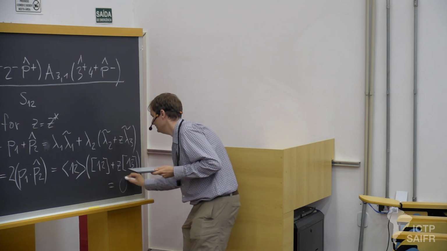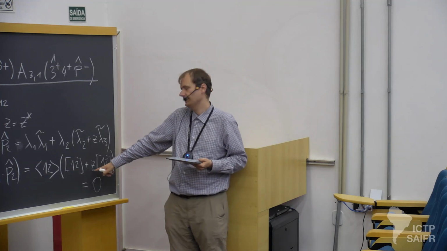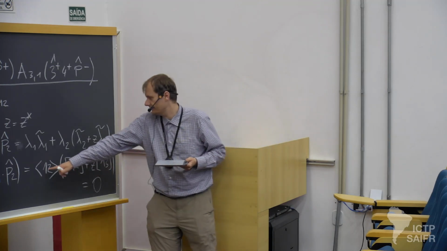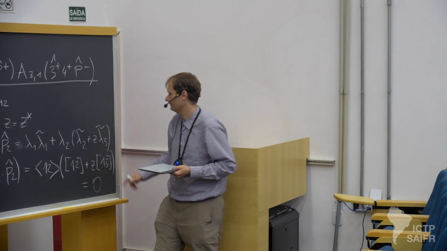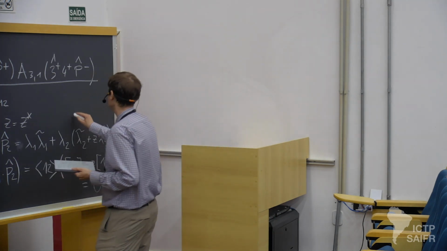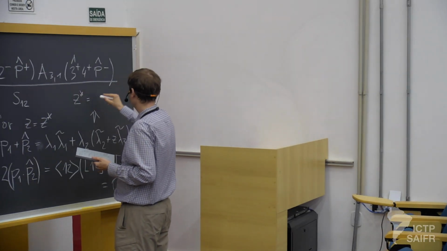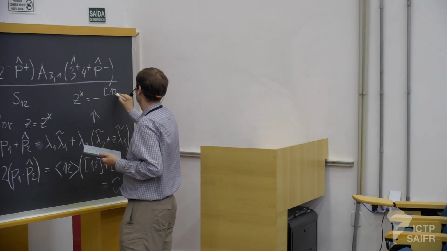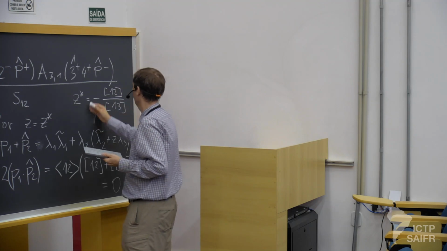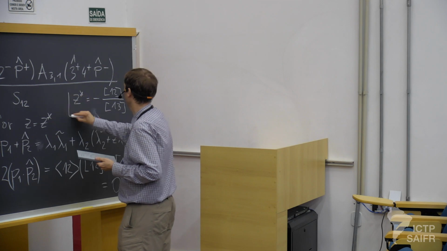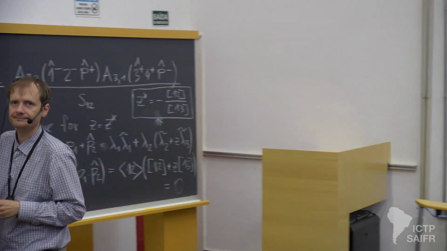And this must be 0. Okay, so we can solve for z. The first term cannot be 0 and doesn't depend on z, so the sum must be 0. So the z star is equal to minus angle 1, 2 over angle 1, 3. So we found the z star.